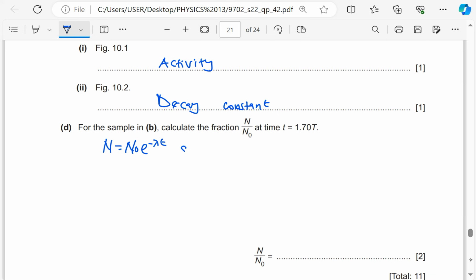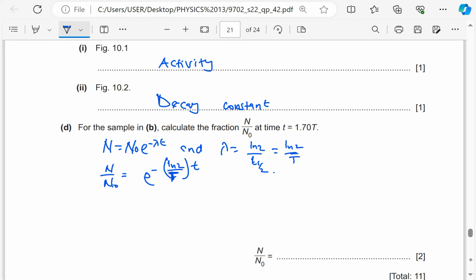And of course, we also know that the decay constant lambda is equal to ln of 2 divided by T half, where half-life was capital T. So N divided by N naught is equal to e power negative ln 2 over T, multiplied by small t.